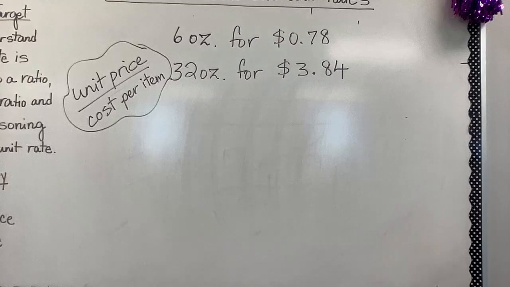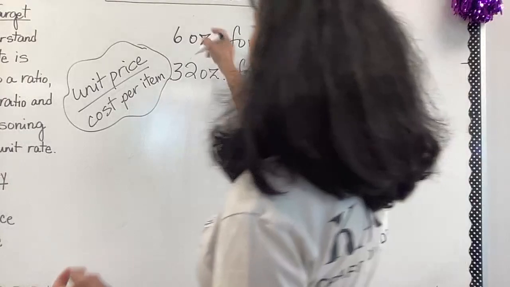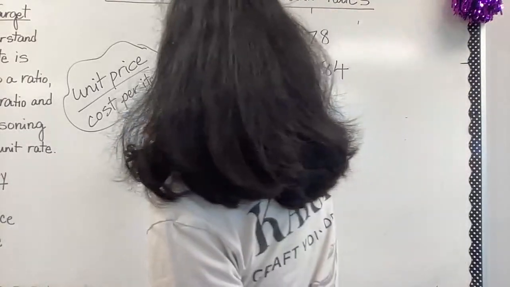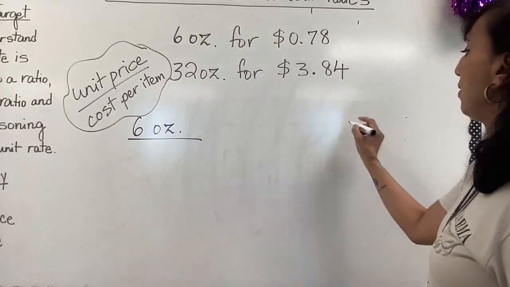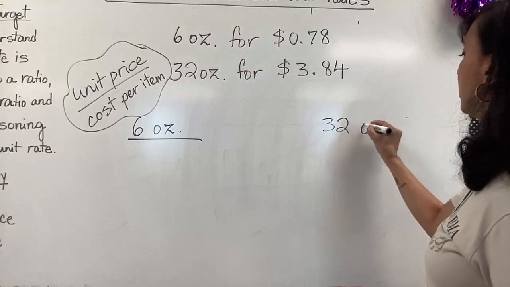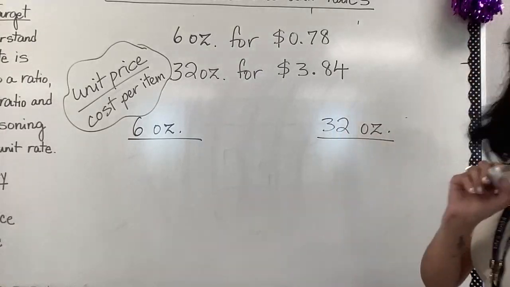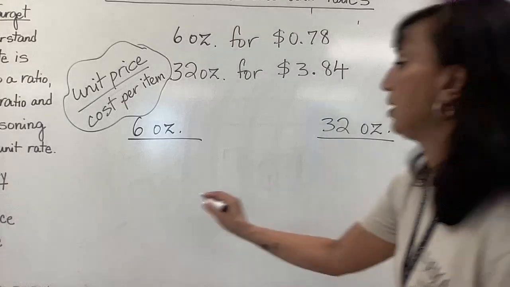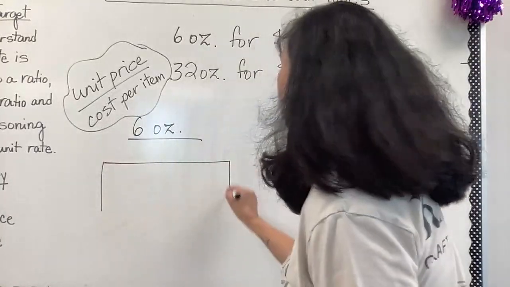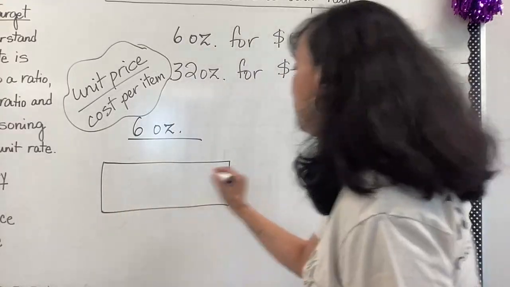Let's start with the 6-ounce container, and then we'll do the 32-ounce container. We have the price, and we'll just make a table, and then we can of course show it based on equivalent ratios.